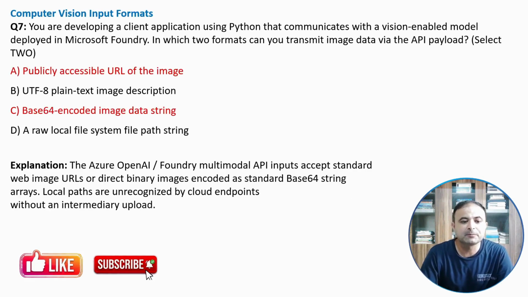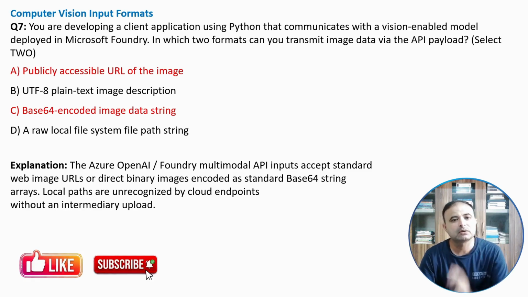Computer vision input format. You are developing a client application using Python that communicates with a vision-enabled model deployed in Microsoft Foundry. In which two formats can you transmit image data via the API payload? You have to select the two correct answers. First one is a publicly accessible URL of the image.